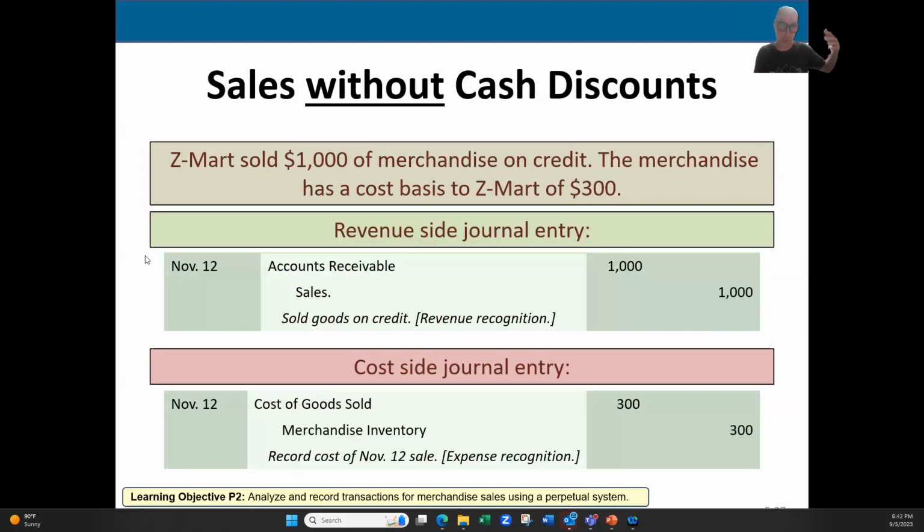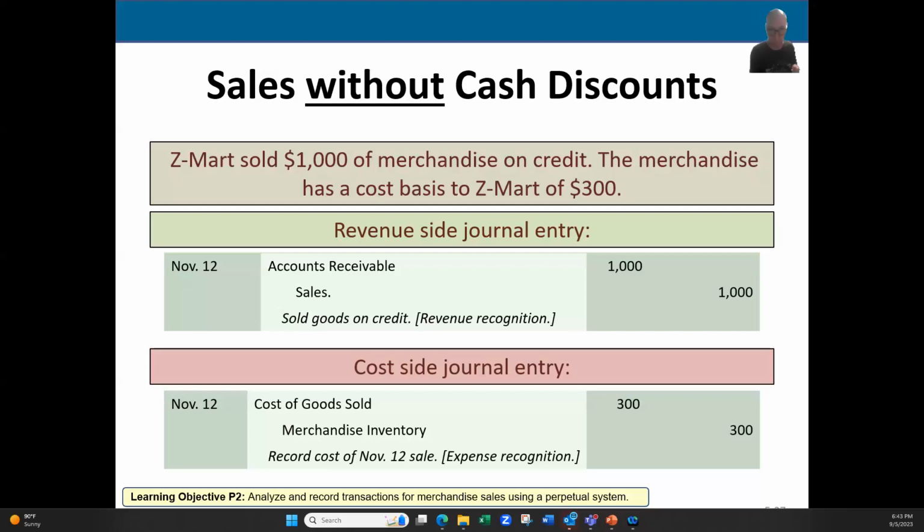That's what it looks like. Here we have an example. I sold $1,000 of inventory on credit. $1,000 represents the sale price, not how much it costs. Remember, we always sell for more than what we bought it for.